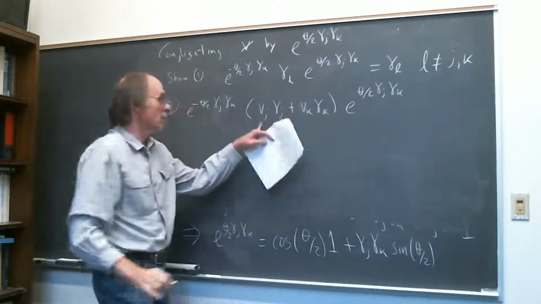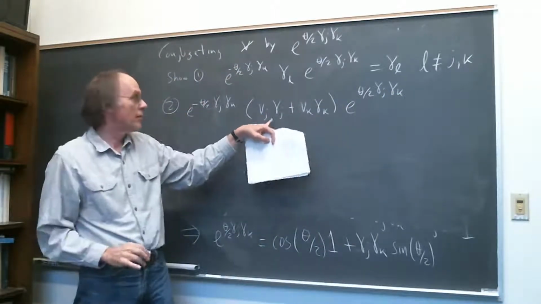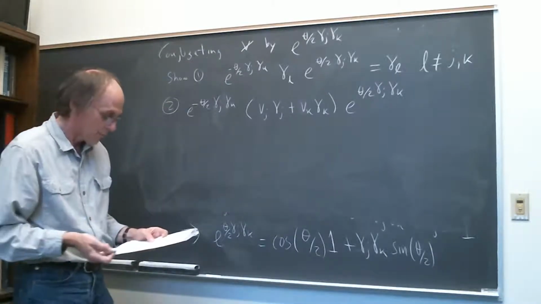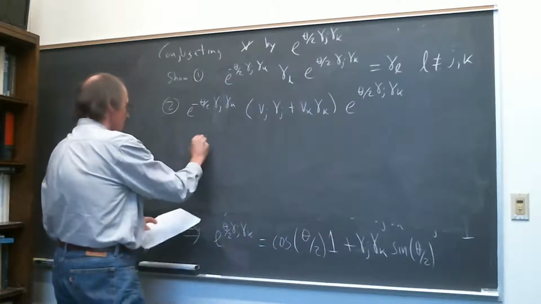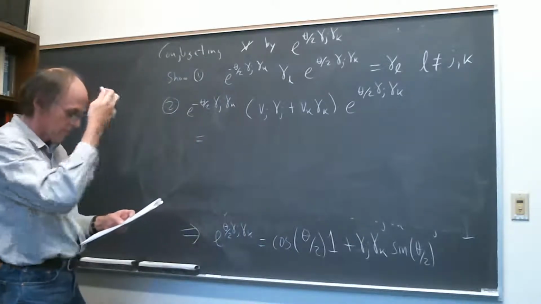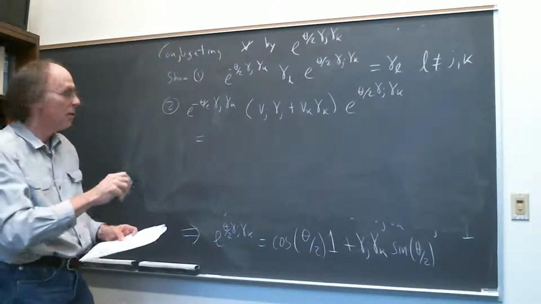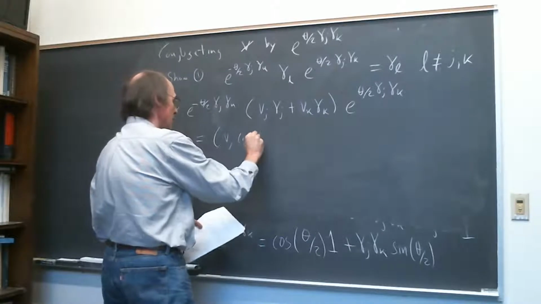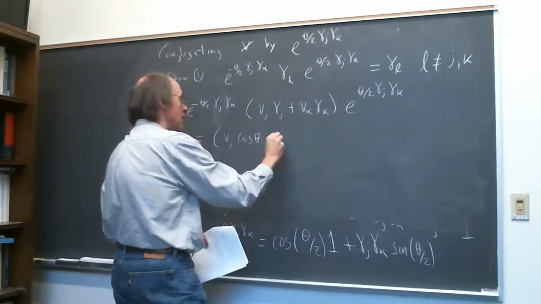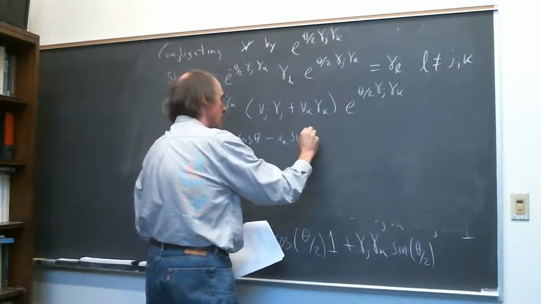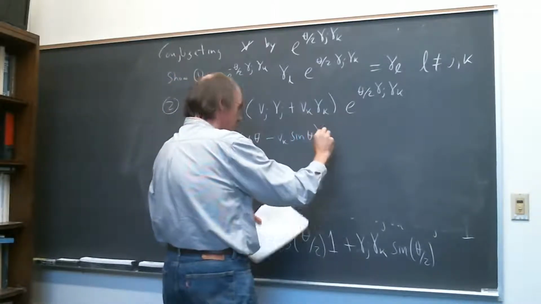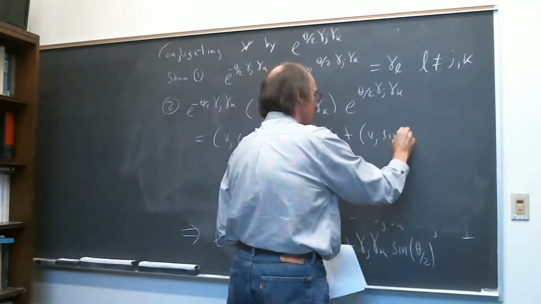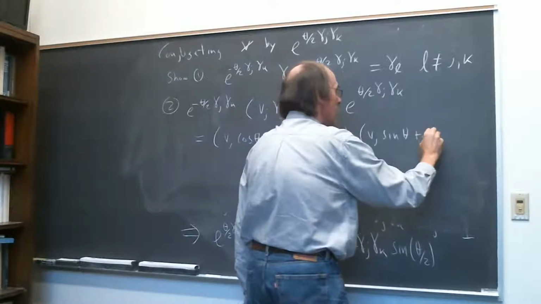So if you conjugate something which is some linear combination of the basis vectors in the jk plane, this isn't too hard to work out, but the answer is you get Vj cosine theta minus Vk sine theta, gamma j, plus Vj sine theta plus Vk cosine theta, gamma k.